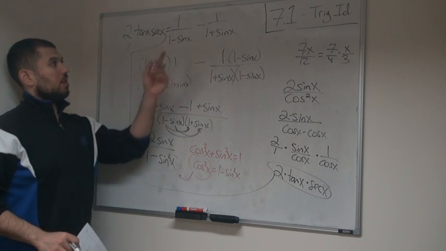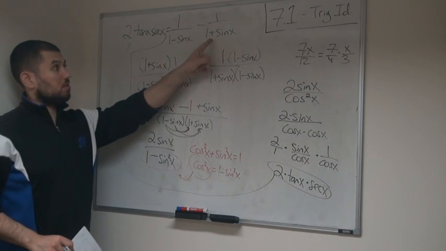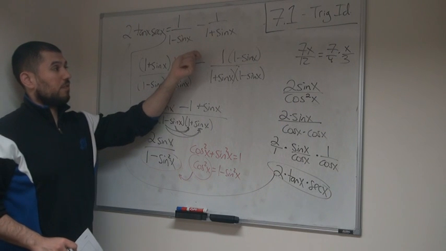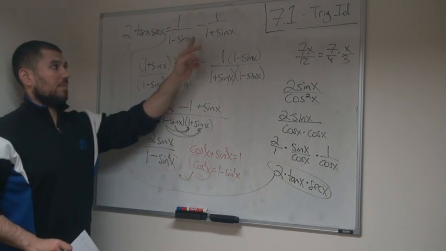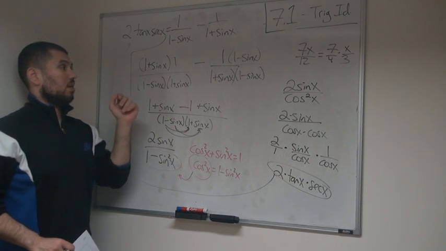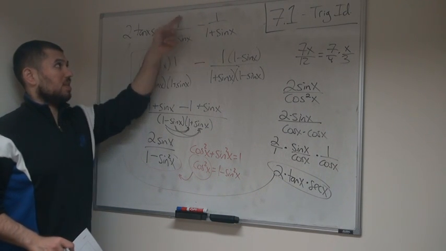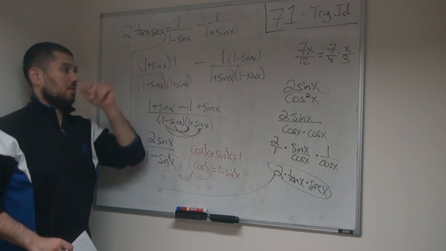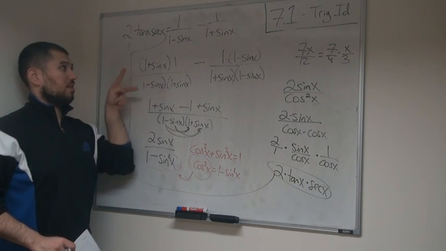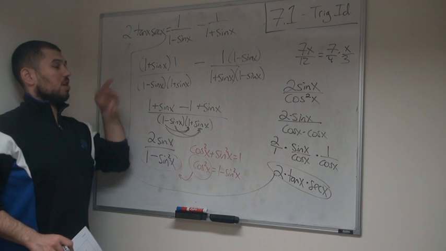So let's recap. I started off with 2 fractions. To combine the 2 fractions, I needed an LCD. The LCD is this denominator times that denominator. So I multiplied every term in this fraction with this denominator and every term in this fraction with this denominator to get that. I got here. Then I started combining things.